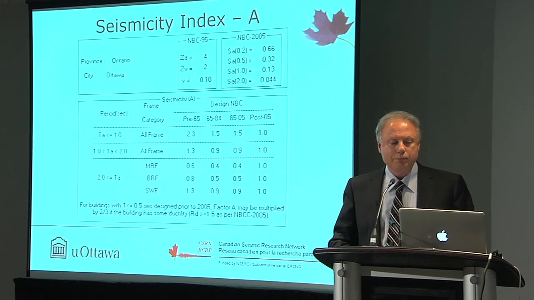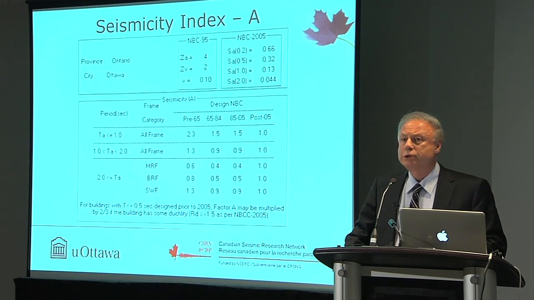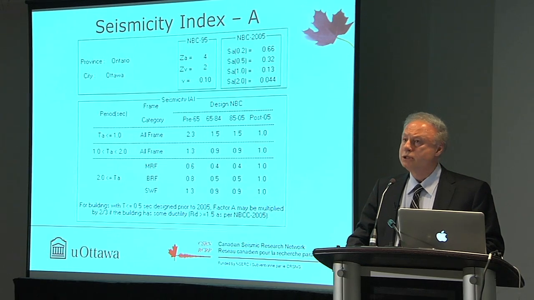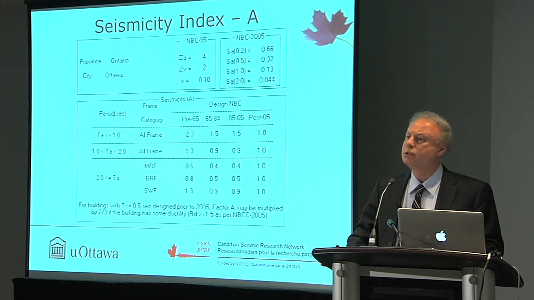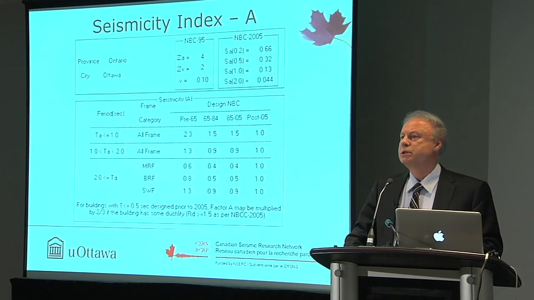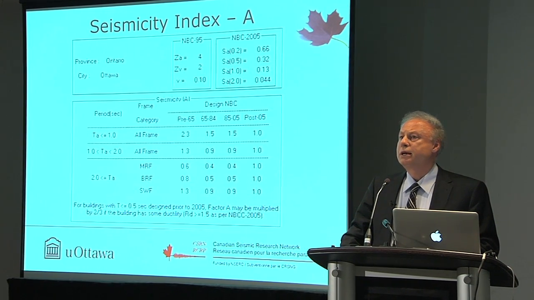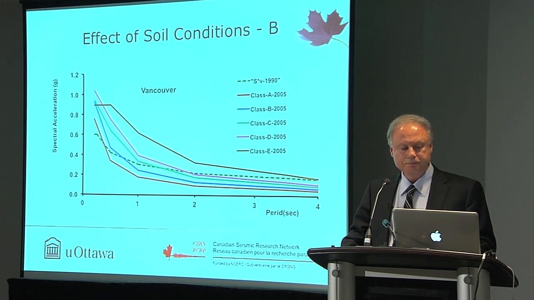And this is an example of a table that would relate the seismicity coefficient as it changes based on years. And these years not only reflect refinements in structural design processes, but also the level of knowledge in seismicity and the way seismic hazard is introduced in building codes.